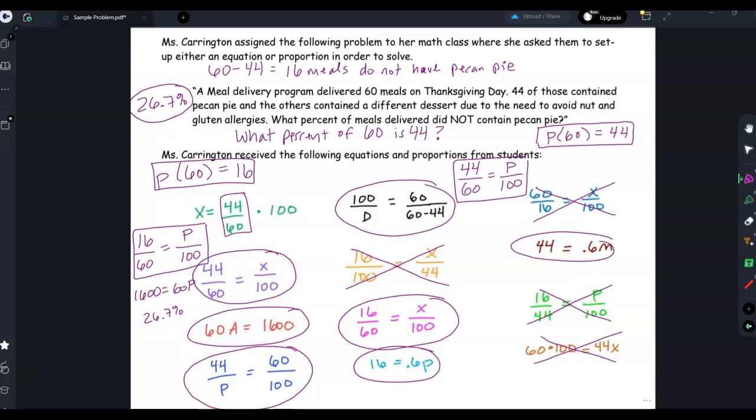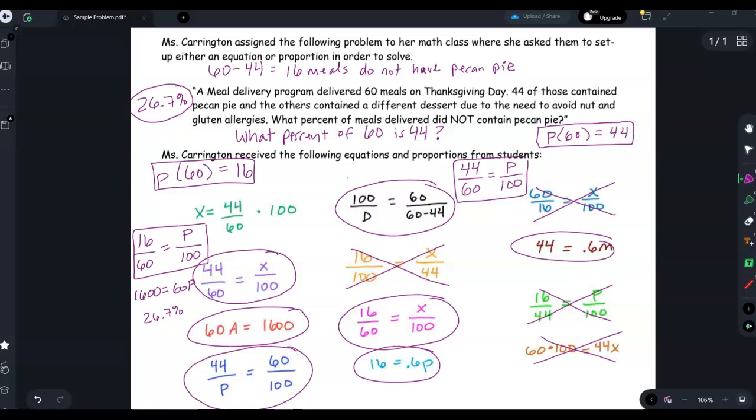If we think of the whole as being all 60 meals, 44 out of 60 is the fraction that are pecan pie meals. If you change that to a decimal, you get the 0.73 repeating. And if you want to change a decimal to a percent, what do you do? You multiply it by 100. That's what they've done here. So yeah, this absolutely works.